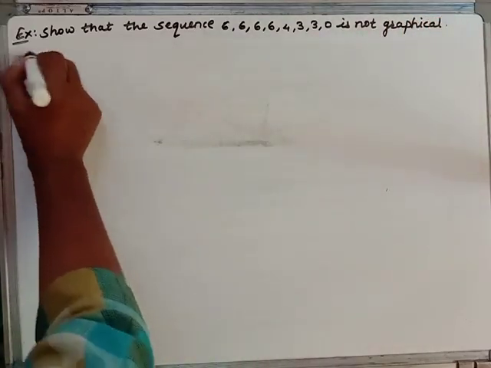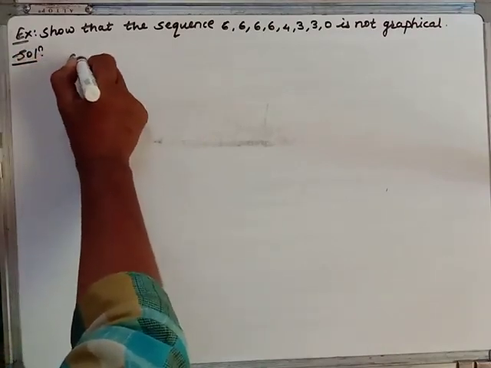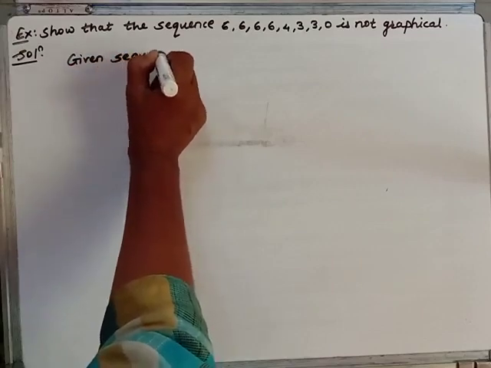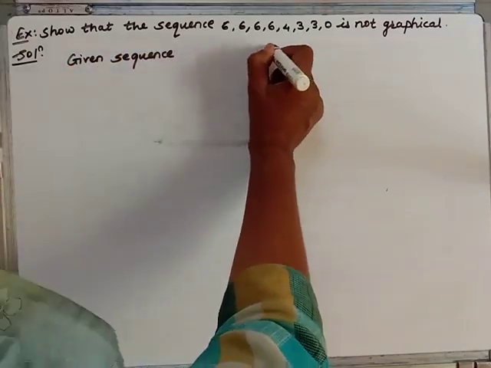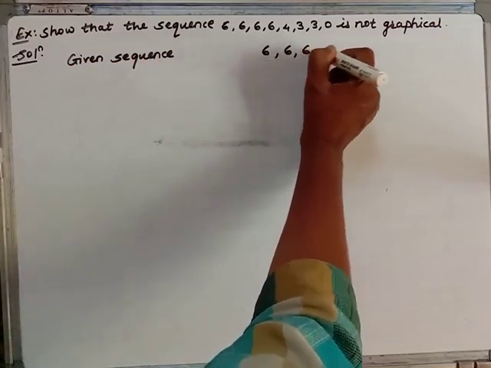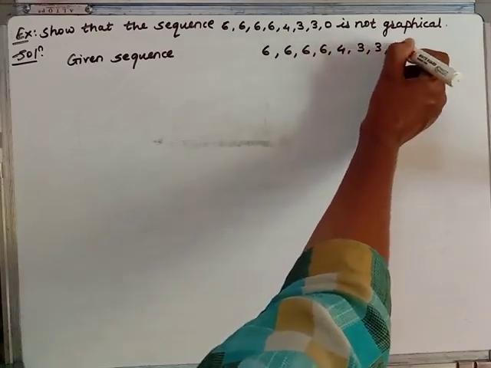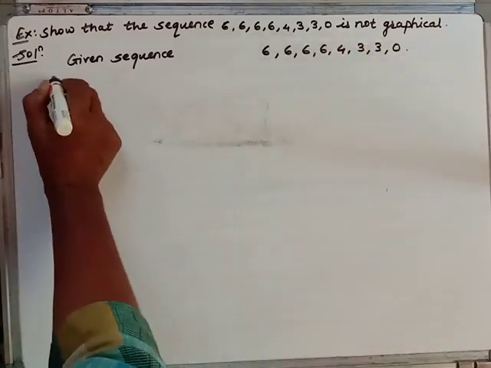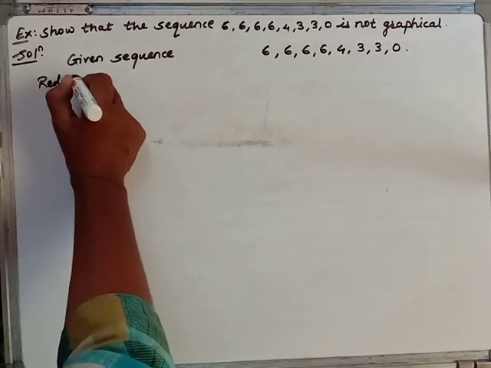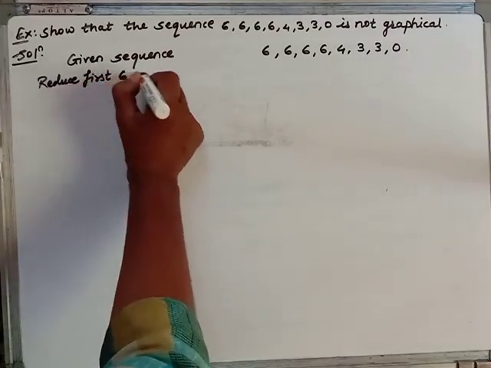Solution. Given sequence is 6, 6, 6, 6, 4, 3, 3, 0. Now reduce the first 6 terms.